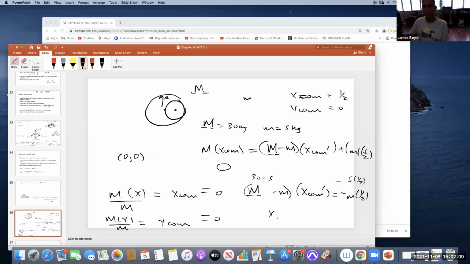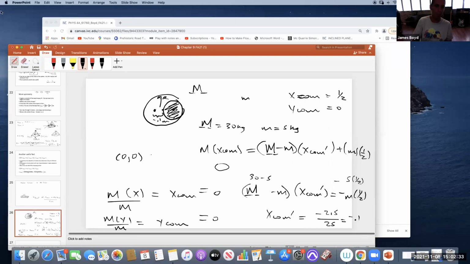So X center mass prime is minus 2.5 divided by 25, or 1/10, minus 0.1, which tells me that when I take this away, the new center mass is at minus 0.1 meters.